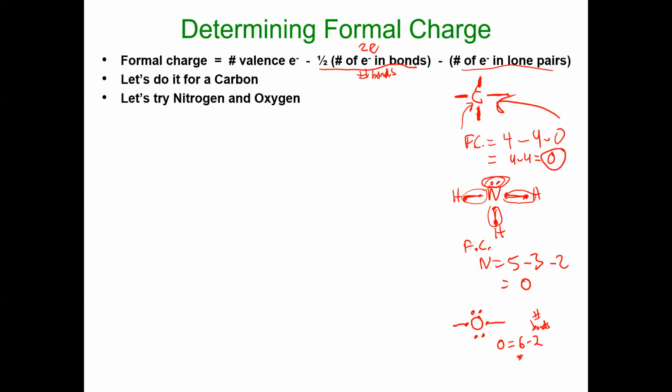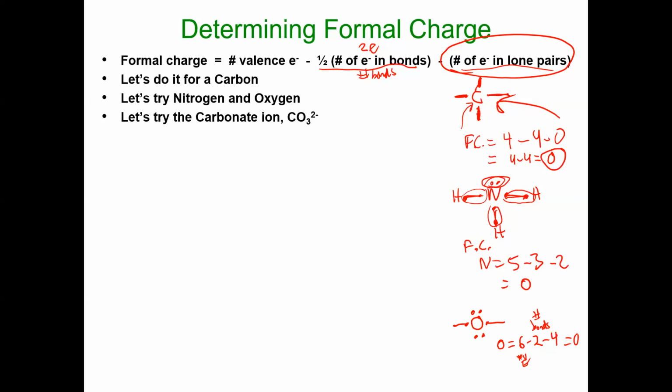The 6 is the number of valence electrons, minus 4. Where am I getting the minus 4? The number of electrons in lone pairs. So what does that give it? A 0 formal charge. That's why oxygen likes 2 bonds and 2 lone pairs. Now, it doesn't mean it always has 2 bonds and 2 lone pairs.